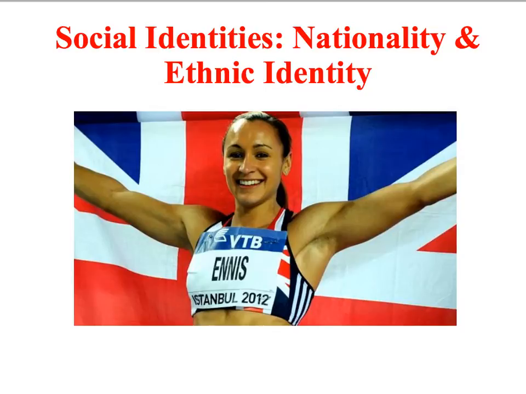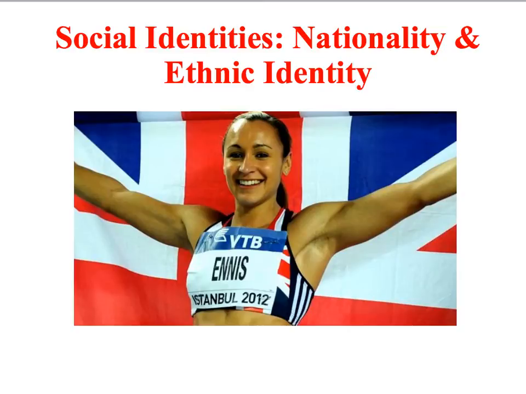Another important aspect of our social identity is our nationality and also our ethnic identity. The country where we were born gives us our nationality. So most people born in Britain can have a British passport and are legally classified as British citizens, and this is essentially a legal category, and it might also depend on your parents' nationality.